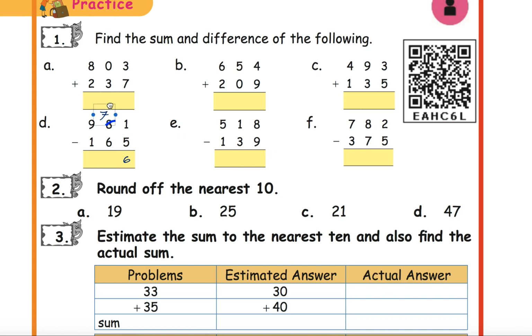Place 7 here. What is 7 minus 6? 7 minus 6 is 1. So here you have to write 1. 9 minus 1, 8. See, that was simple.